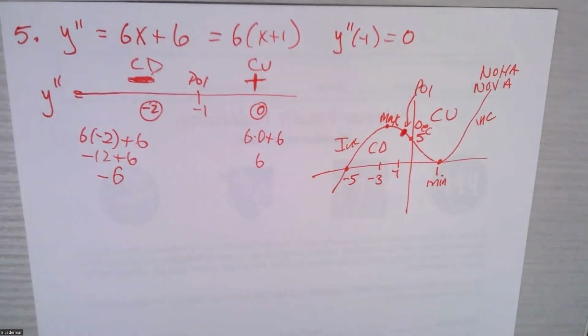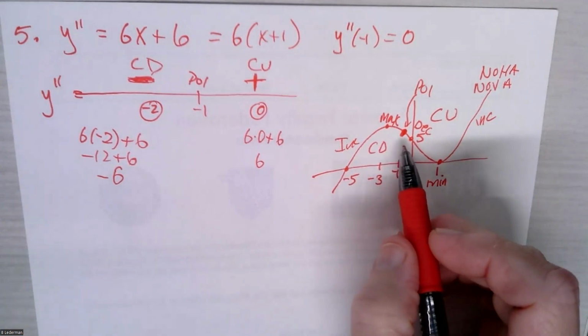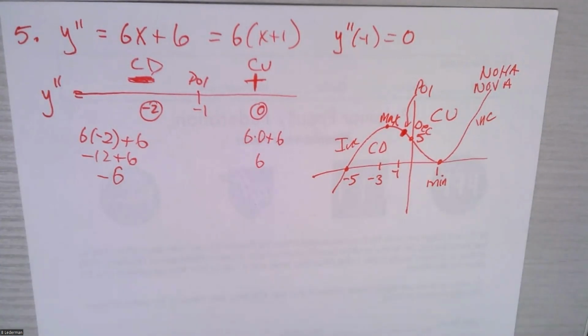The domain and range are all real numbers for both, and we have it all. So we know exactly what the function is. Now I'm going to graph this on Desmos, and let's see how our picture stacks up to Desmos.